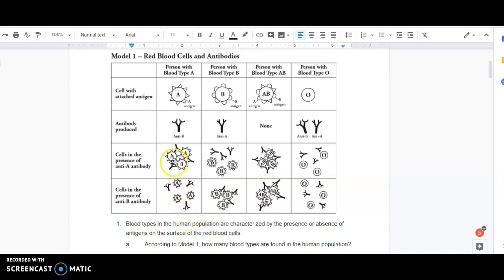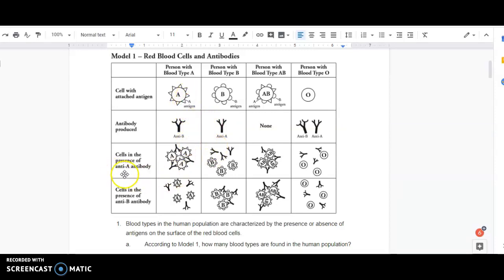Now here you have A blood cells, and they are in the presence of anti-A antibodies. If we look at anti-A antibodies, they have these tree-like, pointy shapes. The shape at the end of this antibody is made to attach to the A antigens.